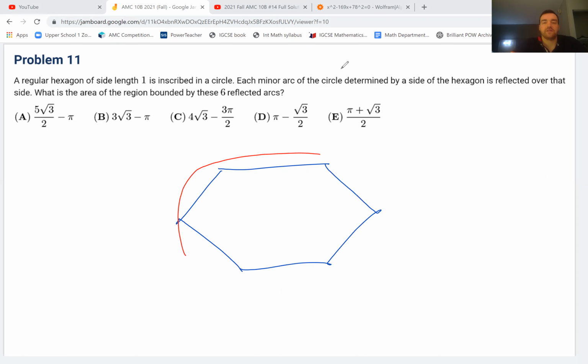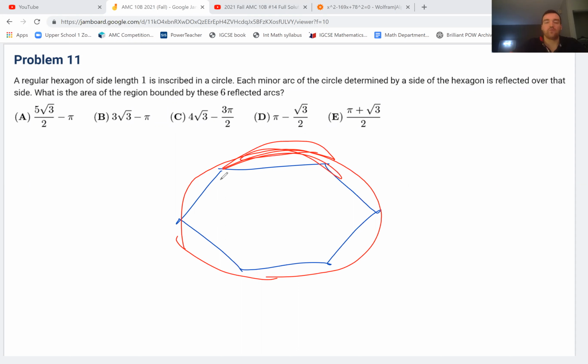Obviously this is not going to look great, but just pretend that it looks okay. What's happening is we're taking each of these little arcs, these red arcs, for example this one, and we're reflecting it over that side of the hexagon.